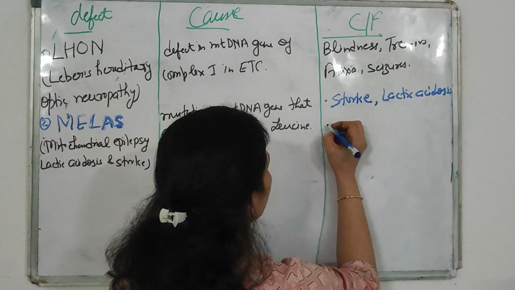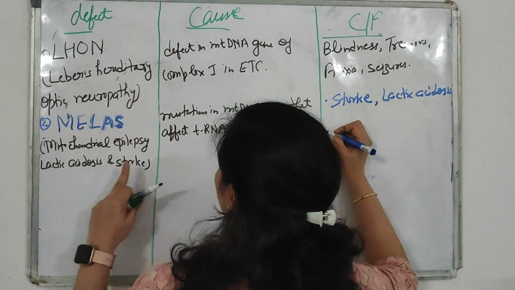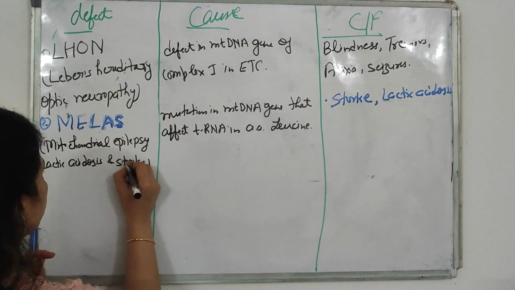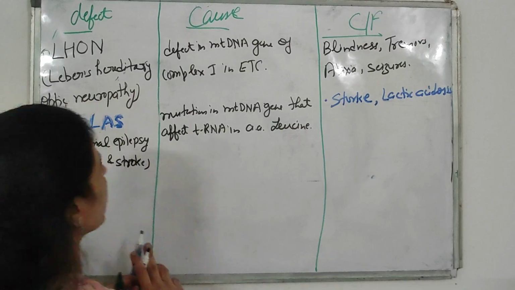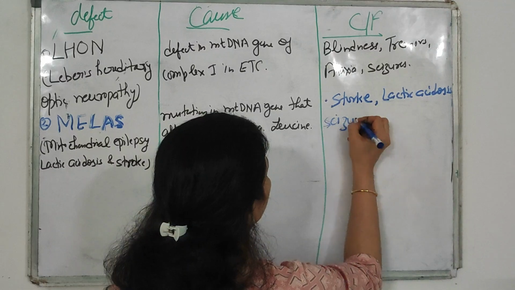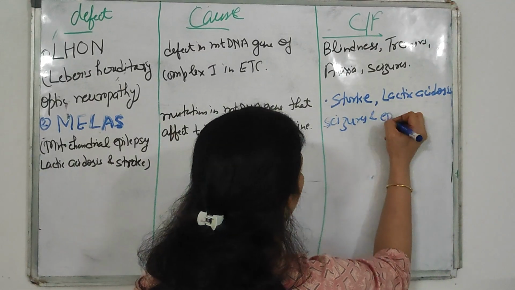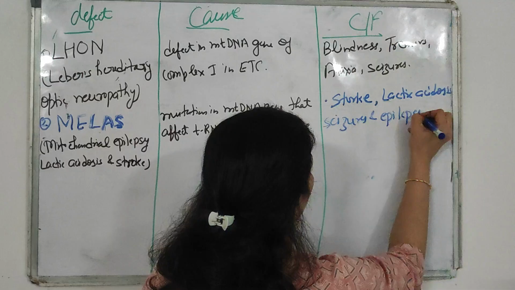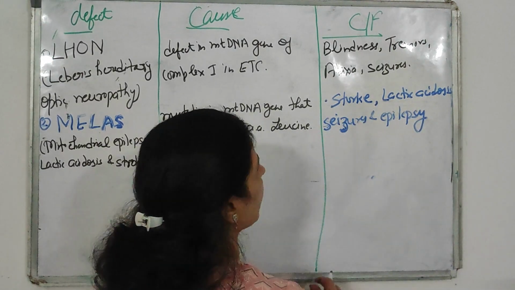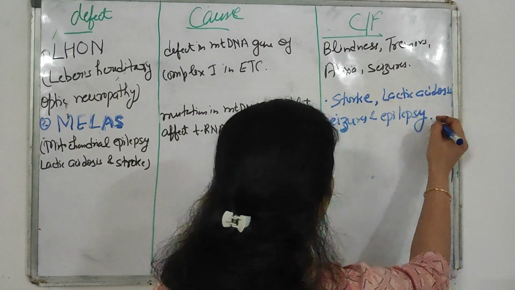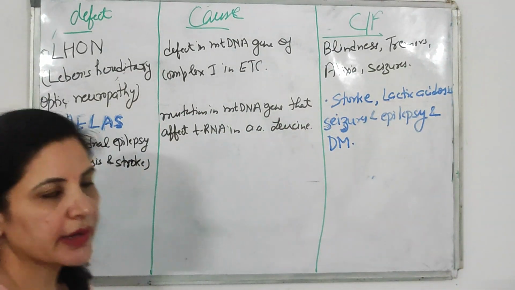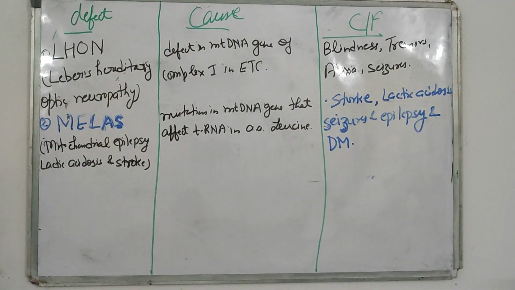Epilepsy, so the patient presents with seizures and epilepsy. So these are the clinical features you will get in MELAS: stroke, lactic acidosis, seizures, epilepsy, and sometimes diabetes mellitus is also there.